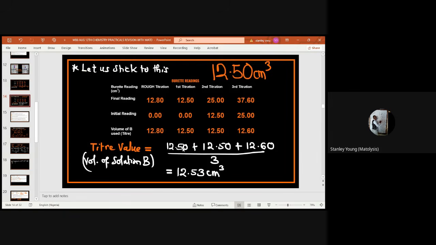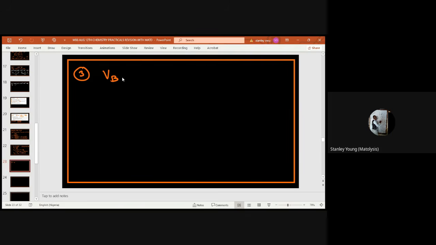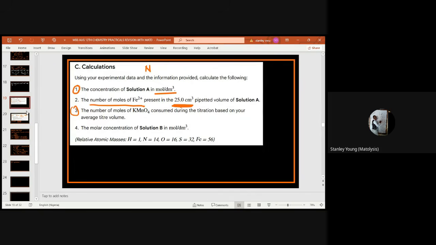This is it here. 12.53 cm cube was our average titer value. So we have this equal to 12.53 cm cube. Now, what does the question need? Number of moles, right? It says number of moles of KMnO4 consumed during the titration based on your average titer value.